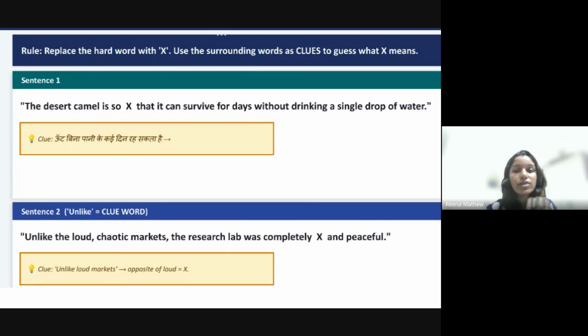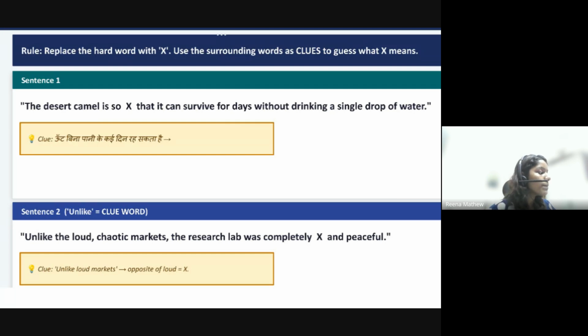Okay, so look at the first sentence. In the first sentence, I have replaced a word with X. Your task is to find the word for X. So, X की position में क्या word है? Okay, so what does the sentence say? The desert camel is so X that it can survive for days without drinking a single drop of water. Okay.